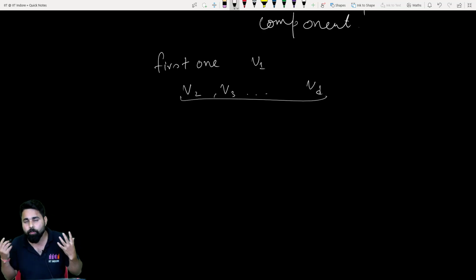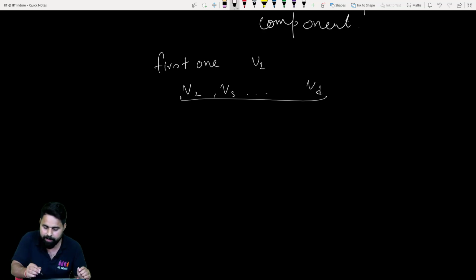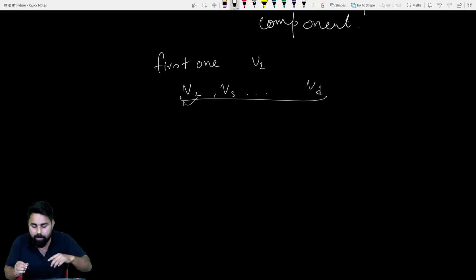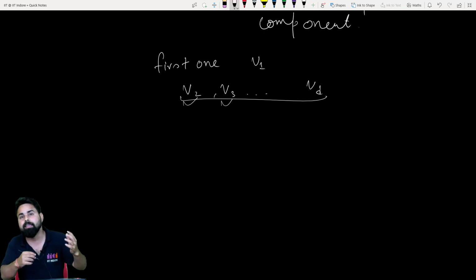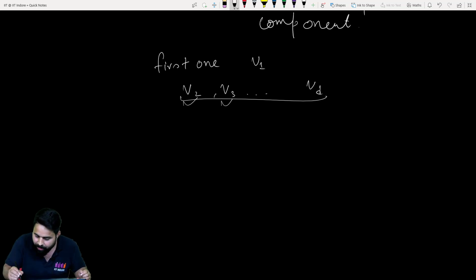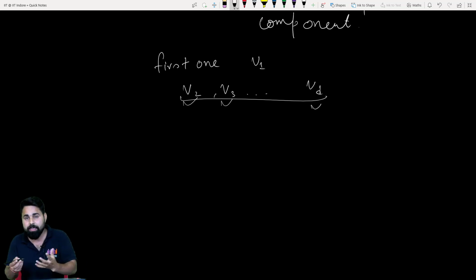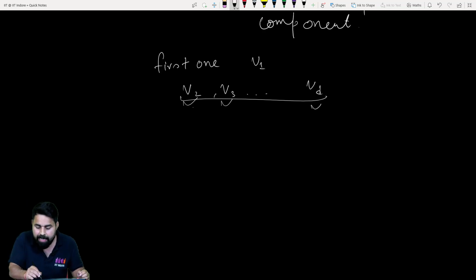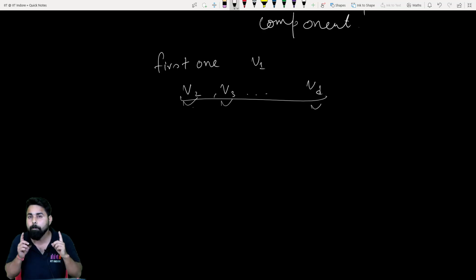Now, what do we mean by other principal components? The second best variance will be along V2, the third best along V3, and the least variance will be along Vd, or basically these eigenvectors. By the way, when I say second best or third best, we have to make sure that these directions are orthogonal to each other.